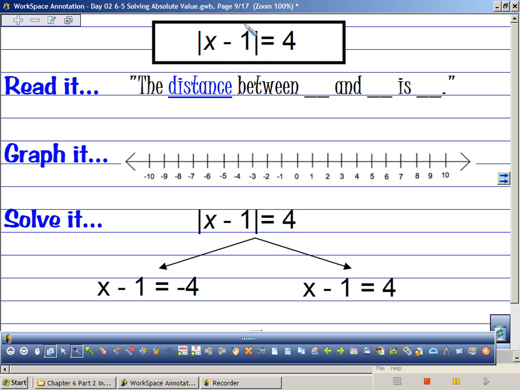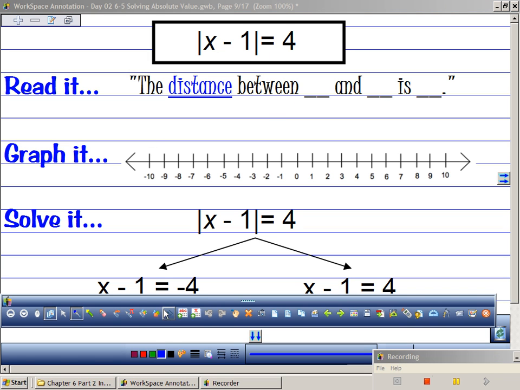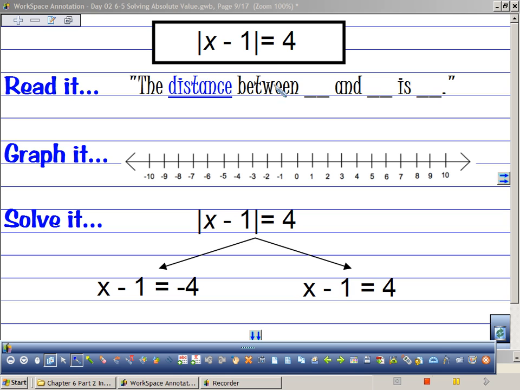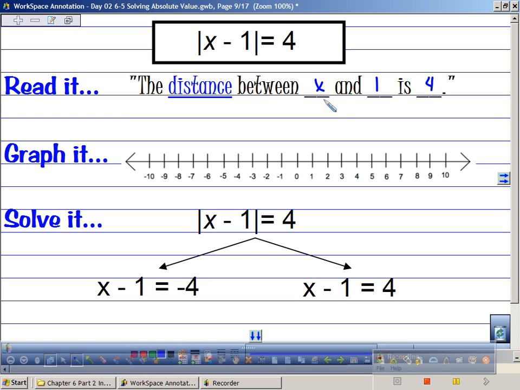Now let's look at it when we have something more that we're trying to solve for. So let's read this one. Who wants to read this one? The distance between, Juan, you want to read it? Good. The distance between x and 1 is 4. Why didn't we put negative 1 in there?